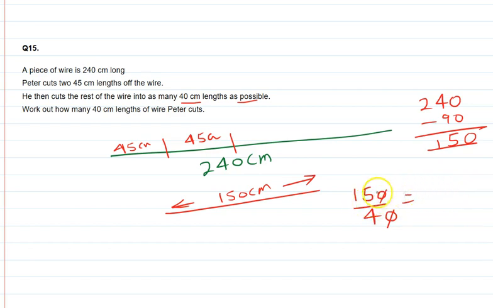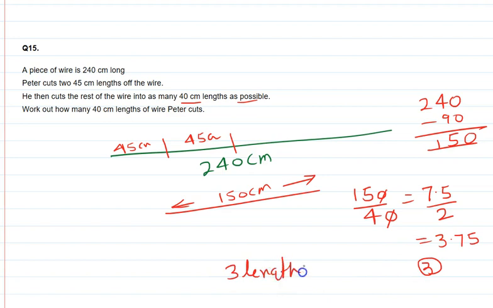So half of 15 is 7.5 and half of 4 is 2, and half of 7.50 will be 3.75. Yeah, so basically, how many 40 centimeter lengths will he cut? It will be 3 lengths. Yeah, he will cut 3 lengths.